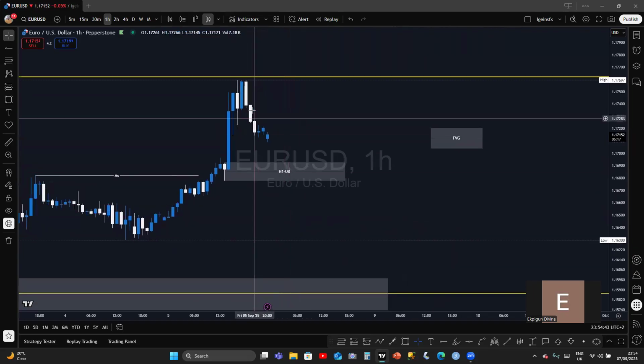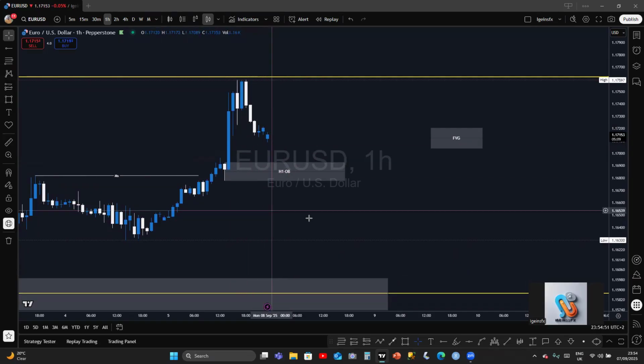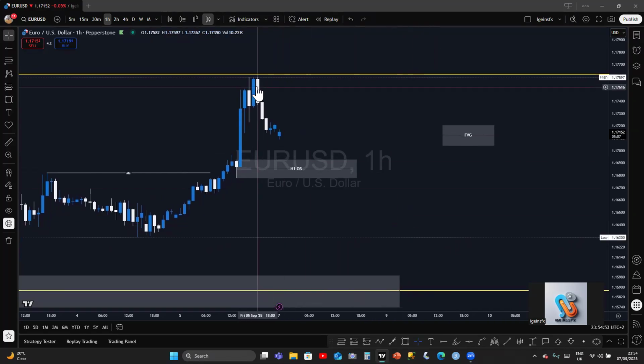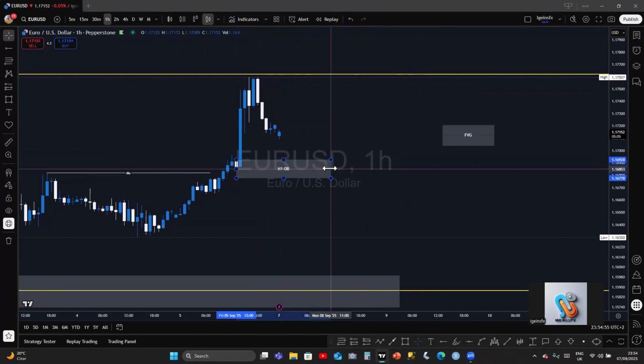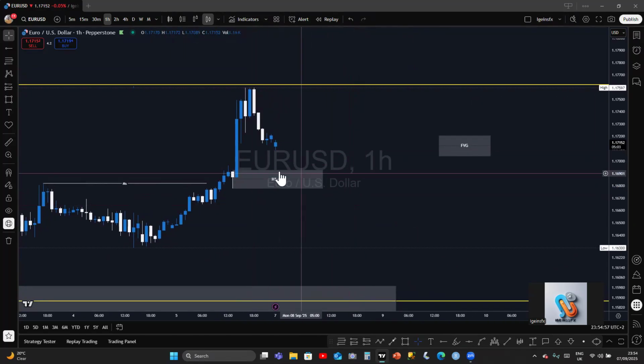But does it mean that price cannot push below it? If the sellers are more, they will break this level. So here we'll be expecting price action to come down here.